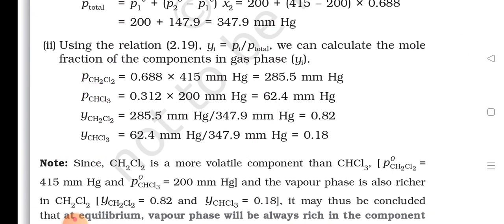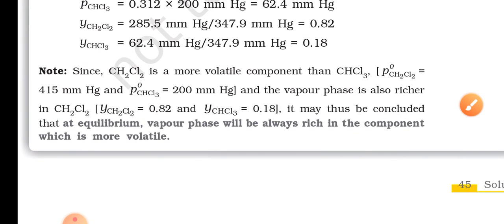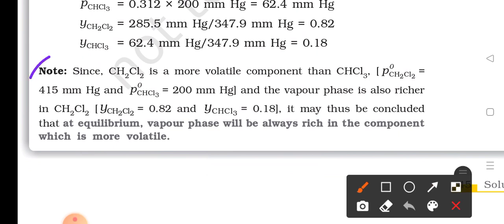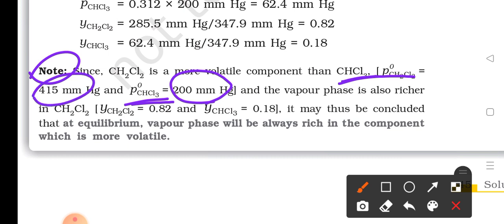Now here is a really very important note. From the values for chloroform and dichloromethane, we came to know that the pure vapor pressure of chloroform is 200 and for dichloromethane is 415. So the vapor pressure of dichloromethane is more.